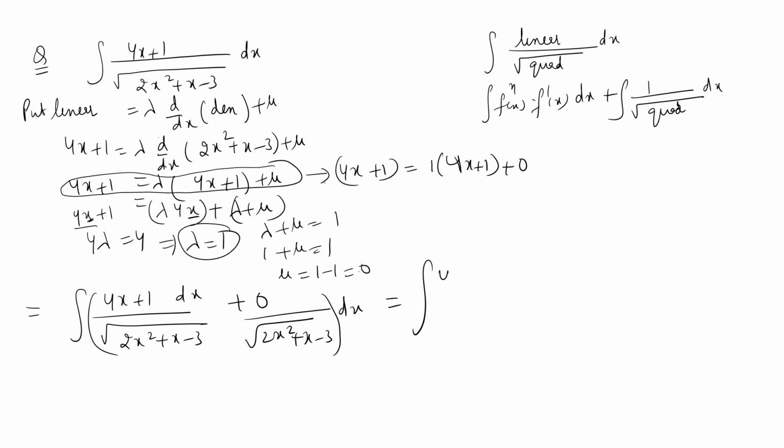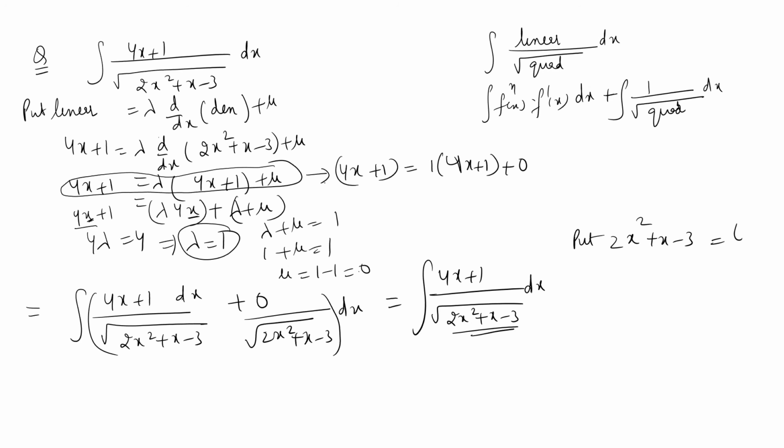So I'm just left with my integral of (4x plus 1) upon under root (2x square plus x minus 3) dx. I have told you that this integral will either be of the form f^n(x) into f dash x plus 1 upon under root quadratic. So you observe that 1 upon under root quadratic has vanished due to the value of mu being 0 here.